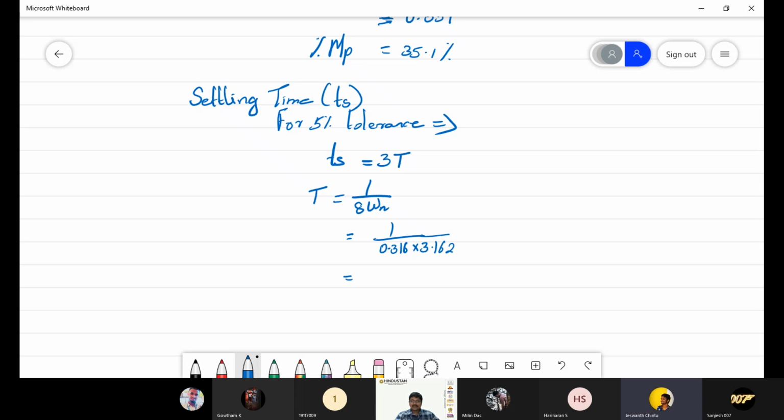So if one value is wrong, 0.316 into 3.162, I think here you will get 0.999 or 1.0007, like that. Check more, you will get one.